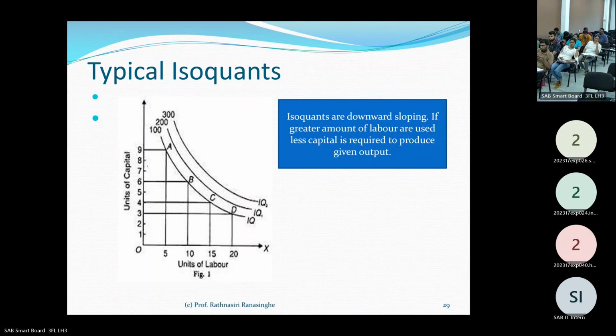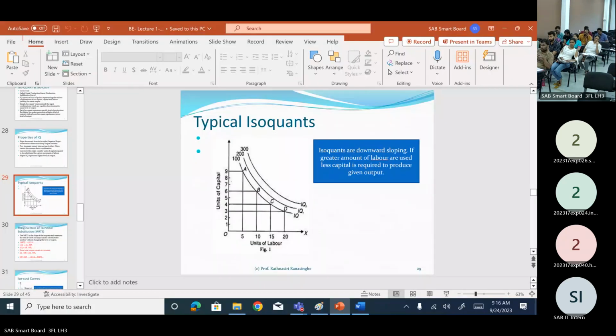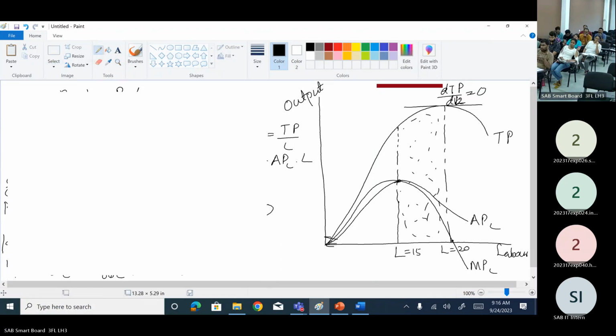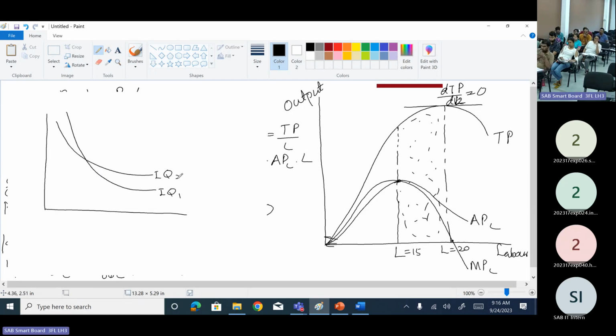Take this way: Q1 and Q2, two isoquants, and this is the common point.